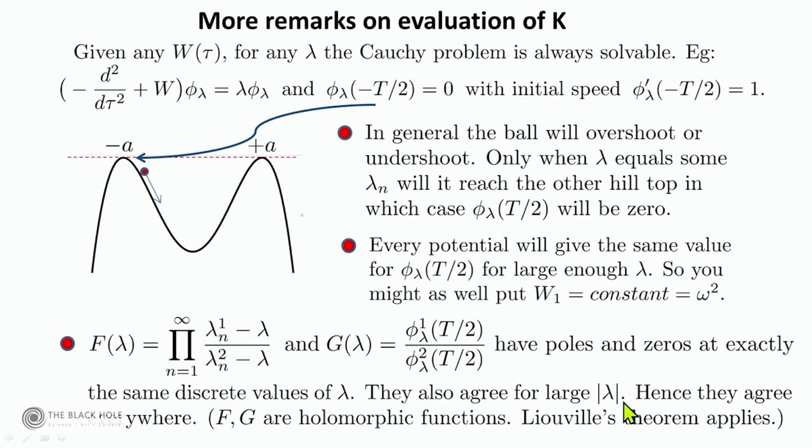Furthermore, they also agree for large lambda, and hence they agree everywhere. So these f and g are what are called holomorphic functions. And then Liouville's theorem, which says a holomorphic function which is a constant at infinity can be nothing but a constant. So then you have these powerful theorems from complex variable analysis, which then tell you that f and g are the same functions, exactly the same.